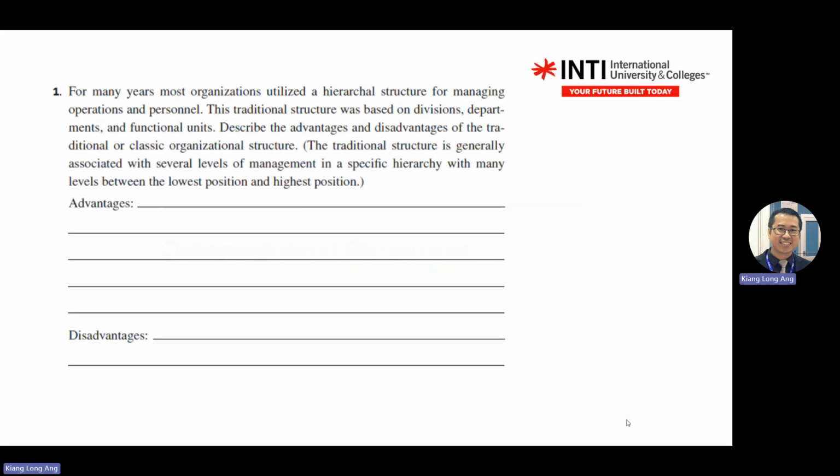Elaborate on easy management. What do you mean by easy management? Okay, correct direction, but you haven't mentioned the keyword for this one.